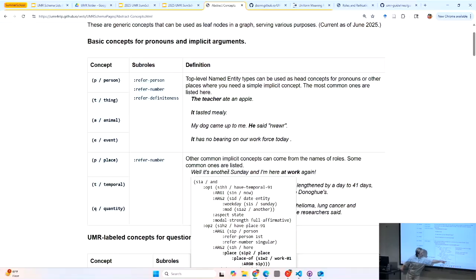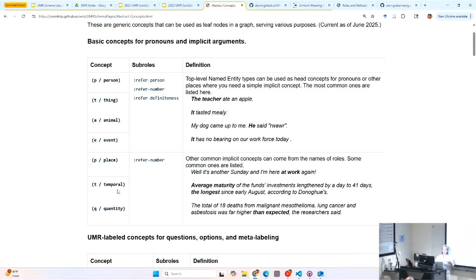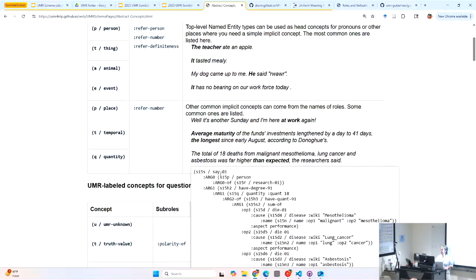But you need a concept there to be the head node to link back to work. So I use place. AMR might have used name, but sometimes it's more informative to use place or temporal or quantity. So just know that those things are allowed if you're adding implicit arguments.